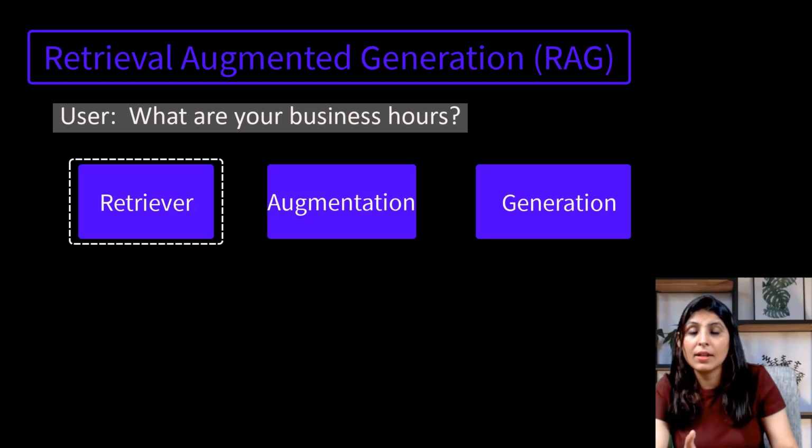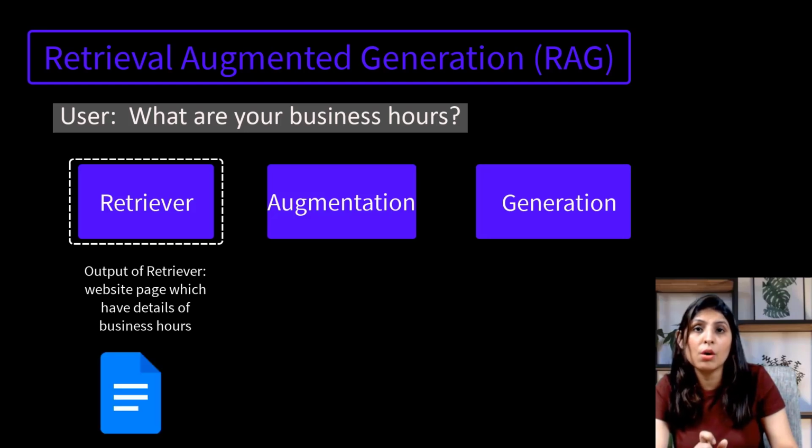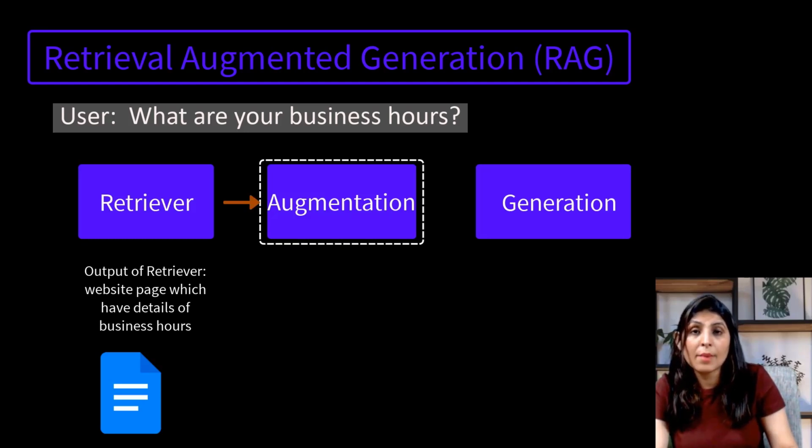Let's talk about our previous example, when the user asked about the business hours. In this case, the retrieval component will search the business website and find a page with your business hours listed, okay? Then the next component is augmentation. What happens here is that the retrieved documents are used to augment the original query.